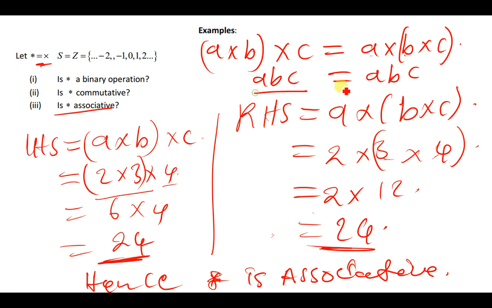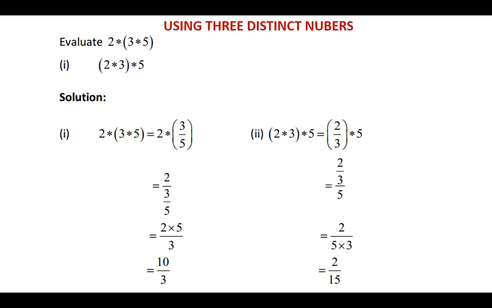So since the left hand side is equal to the right hand side, this implies that star is associative. That's what it means. Okay, so this is how you can prove associativity using numbers.